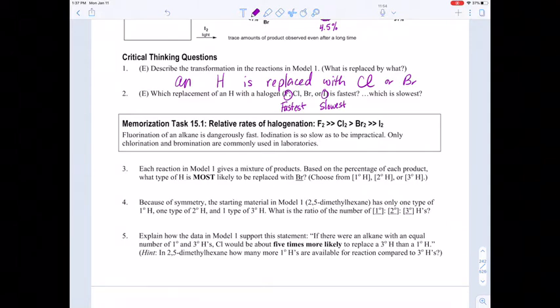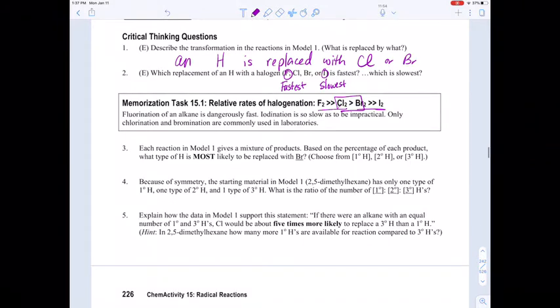There's a huge difference between fluorine and chlorine, a big difference between bromine and iodine, but we see here in the middle that chlorine is just a little bit faster than bromine. Fluorination of alkane is dangerously fast. Iodination is so slow as to be impractical. Only chlorination and bromination are commonly used in laboratories, and of those, bromine is even more commonly used.